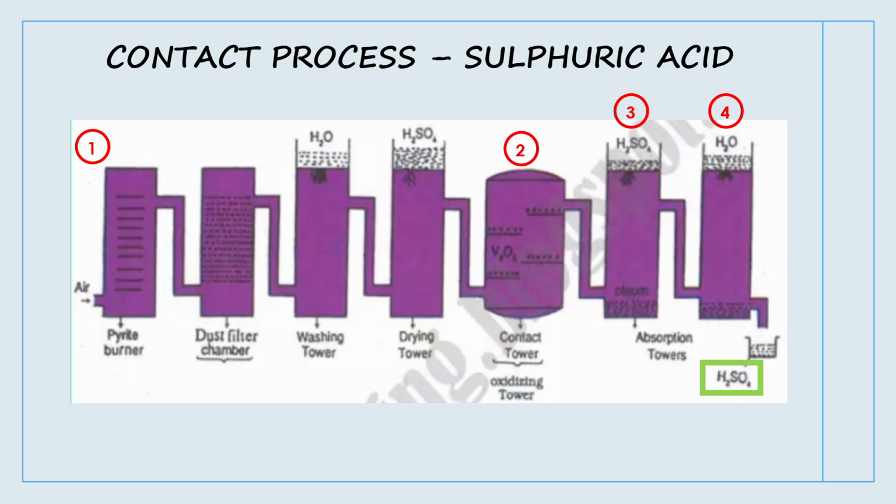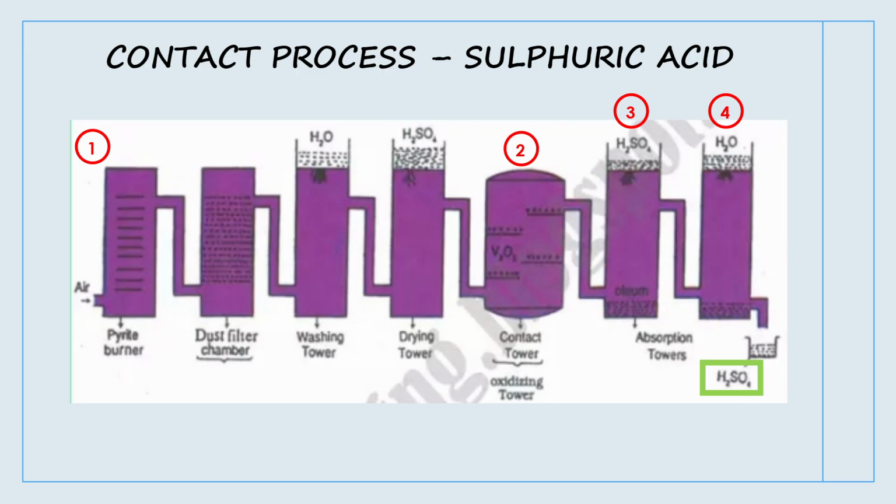Then it further moves to the dust filter chamber, from where the dust is filtered out. Then it is transported into the washing tower. In the washing tower, you wash the product that has been formed after the burning, and the washing is done in the presence of water. Then it goes to the drying tower. Here you can see that a sulfuric acid shower has been done, and as I stated, its property is that it is a dehydrating agent. It means it will remove the water.